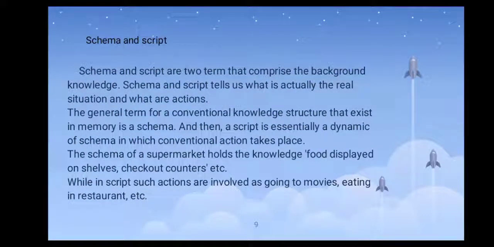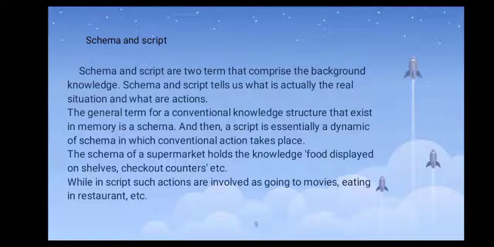Schema and script are two terms that comprise the background knowledge. Schema and script tell us what the real situation is and what the actions are. The general term for a conventional knowledge structure that exists in memory is a schema, and a script is essentially a dynamic schema in which conventional action takes place.